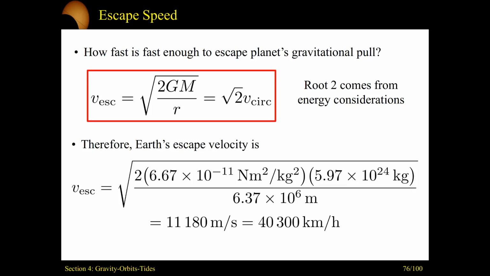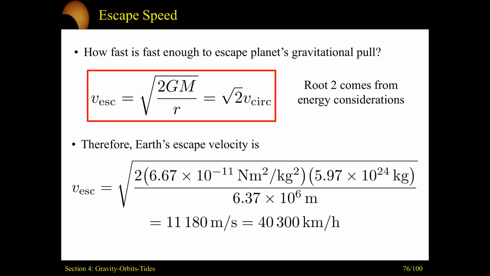Now that root 2 comes from talking about energy considerations. You have to say there is a certain amount of energy that's keeping me bound to this planet at this radius. Good point to emphasize here: this r does not refer to the radius of the planet. This r refers to the distance between you, the object orbiting, and the center of that planet.